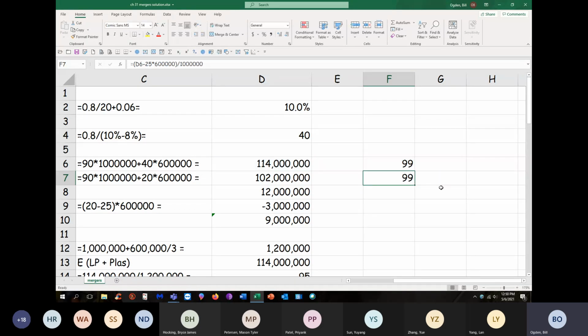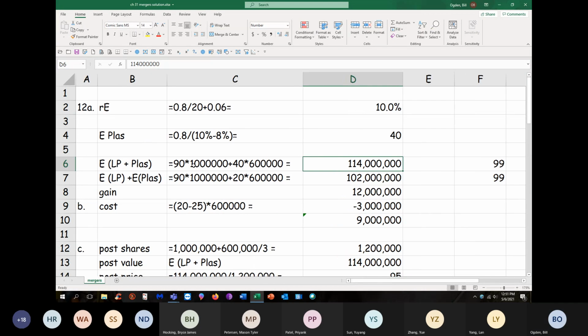That's the same thing exactly. Okay, so the wealth effect is that the LP shareholders gain. We had them down for $90 a share, and so they've gained $9 per share.